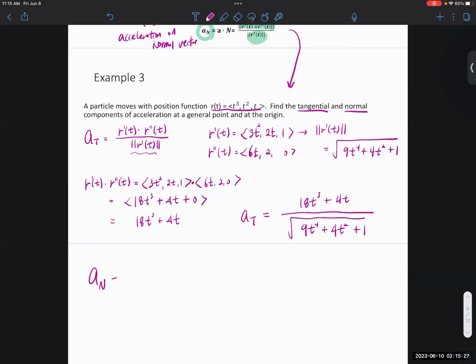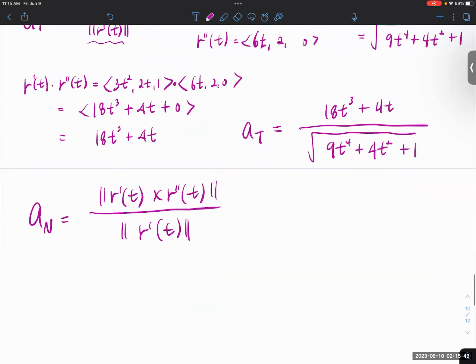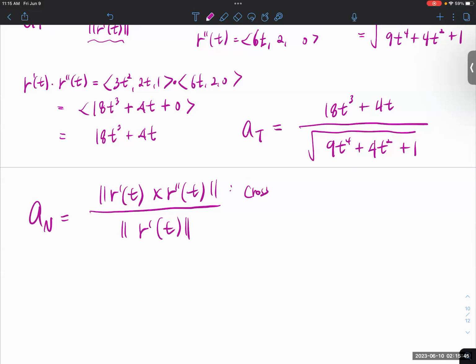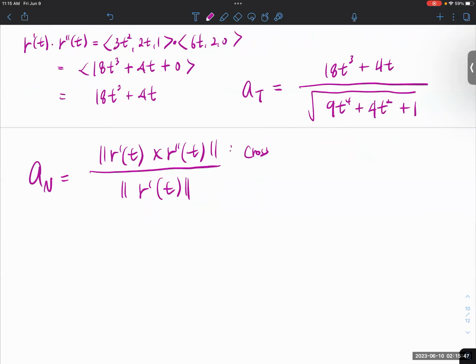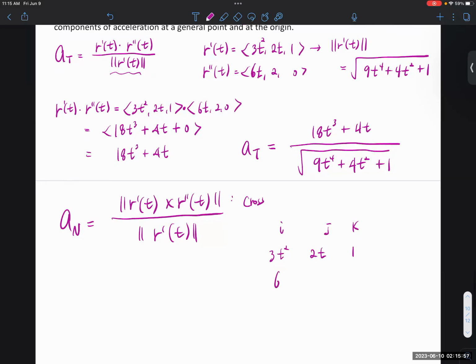Last one, the normal acceleration on the normal vector. AN is going to be the cross product of those two, divided by the same magnitude of the velocity. So we already know, let's do the cross product. We have i, j, k; R prime is 3t squared, 2t, 1, and R double prime is 6t, 2, 0.